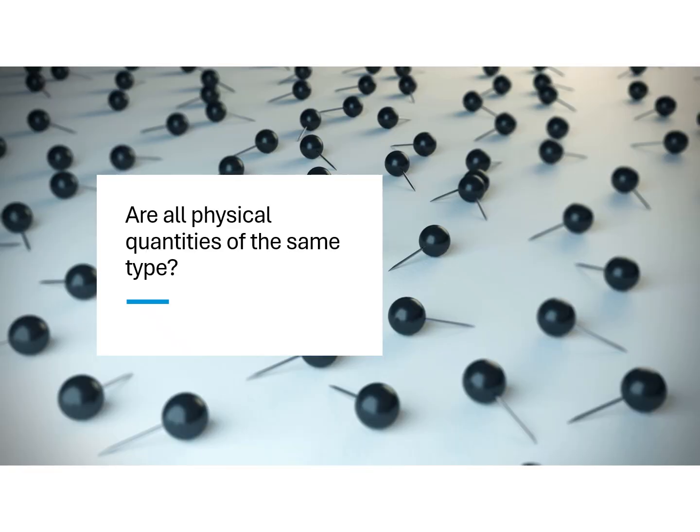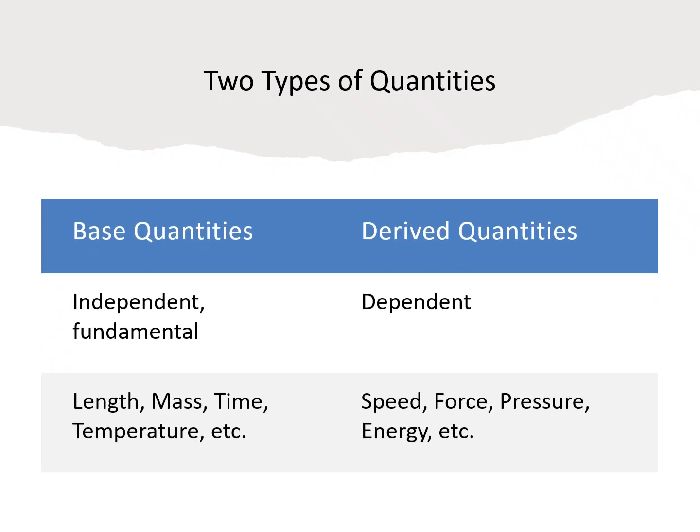Now the question is, are all physical quantities of the same type? There are two different types of physical quantities. One is base and the other is derived quantity. Base quantities, as is clear from the name, are basic, fundamental, and they don't depend on any other quantity.